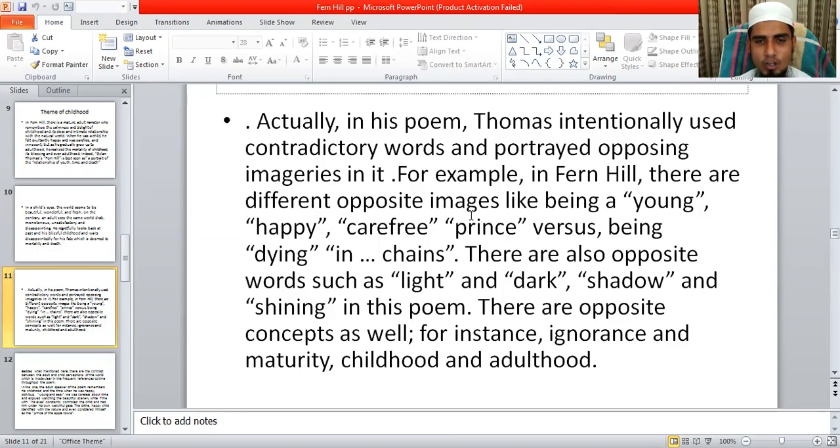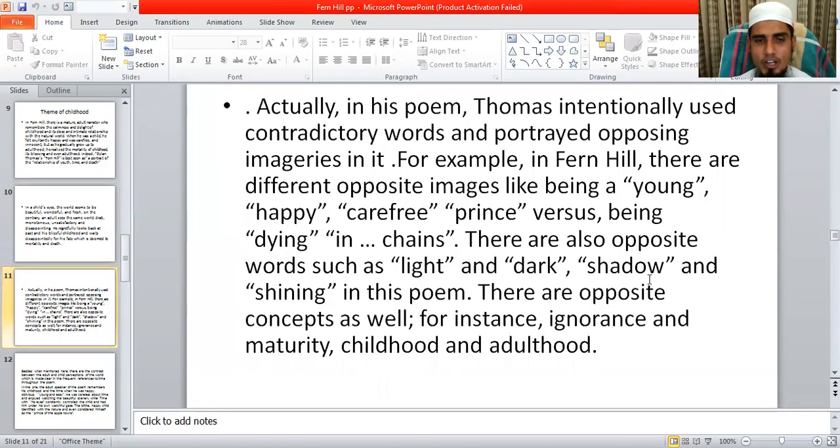This is totally opposite. There are also opposite words such as light and dark, young and old, shadow and shining. So in this way, there are opposite concepts as well, for instance, ignorance and maturity, childhood and adulthood. This is stated in the poem.